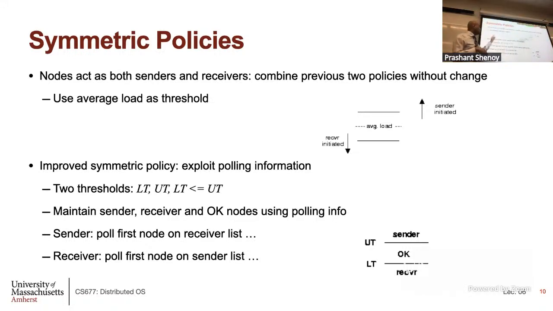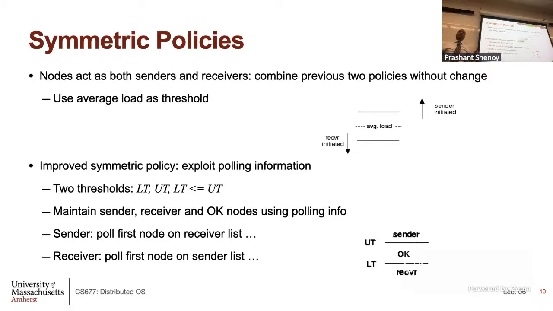So with two of these thresholds, you can be a sender, a receiver, or neither. If you're somewhere in between the low and high threshold, you're neither looking to offload work nor looking to take on work. So you're neither a sender nor a receiver if you're in between. But if you're above or below the high or low threshold, you're either going to become a sender or a receiver. If you're a sender or a receiver, you do exactly what we said in the previous two slides.